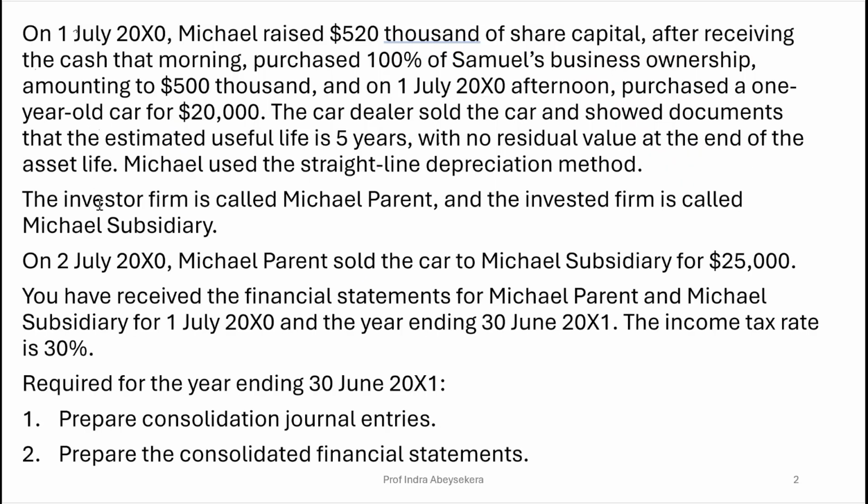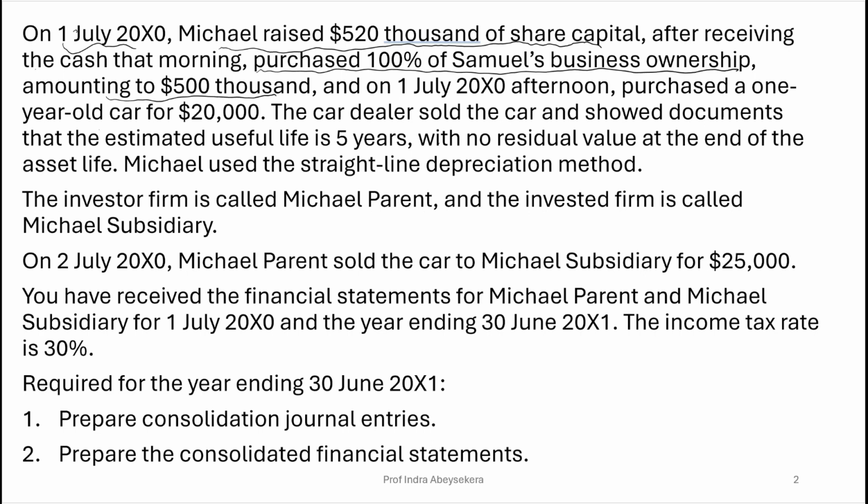In this case example, on 1st of July 20X0, Michael raised $520,000 of share capital. After receiving cash that morning, Michael purchased 100% of Samuel's business ownership, amounting to $500,000.